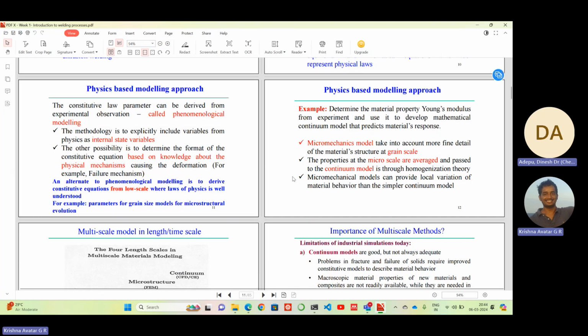While welding, there could be, after some heat, suddenly it becomes plastic, so there should be a relation between your stress and strain. So what happens is someone will sit and derive this relation, and you should do experiments, find those constants, and just use them in the model. I think that's what phenomenological modeling is. That's what I understood. But let us see.